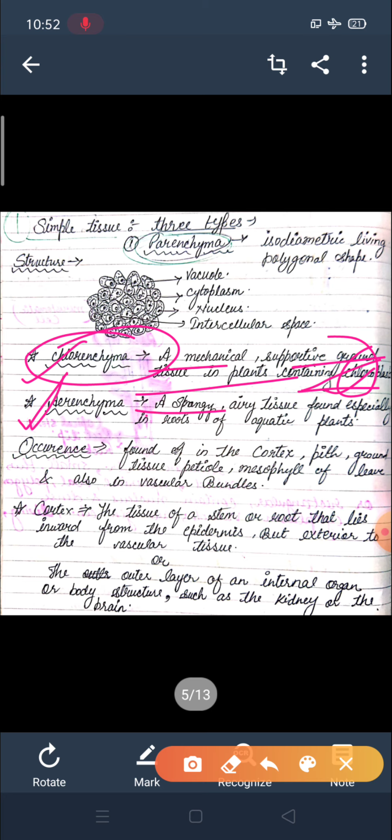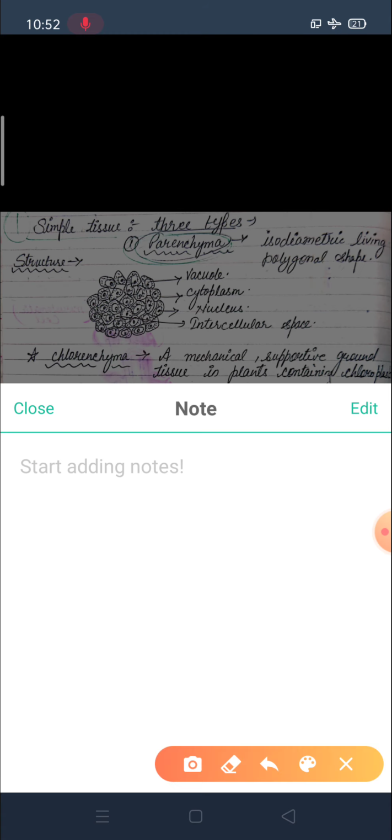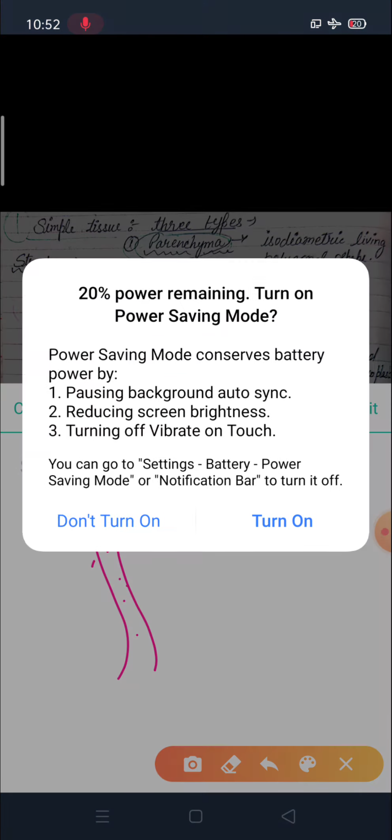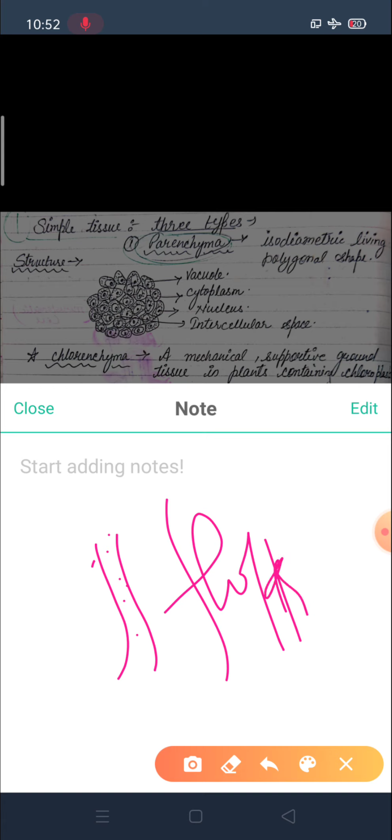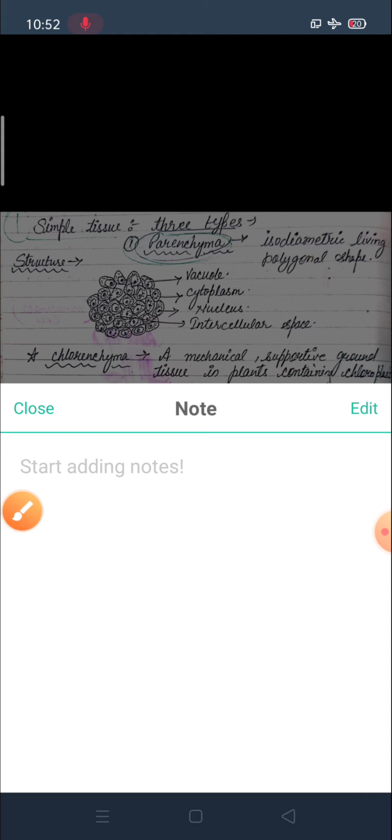It is a spongy airy tissue, meaning in these tissues air is filled so that they are like a sponge, found especially in roots and aquatic plants. You have observed that in aquatic plants the stem is so fluffy and spongy. Why is it fluffy and spongy? Due to the parenchyma.